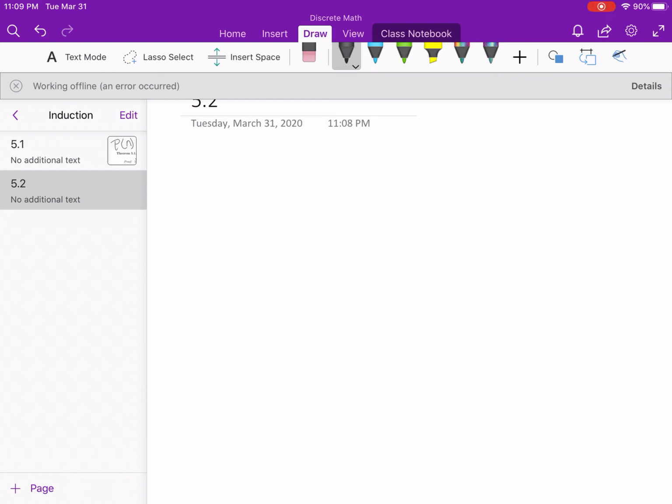All right, so we're going to talk a little bit more about induction. The very first one was sort of an introduction into the ideas of induction. What is induction? How do we prove stuff with induction? But the next thing we'll do is proofs using induction for sums and products.